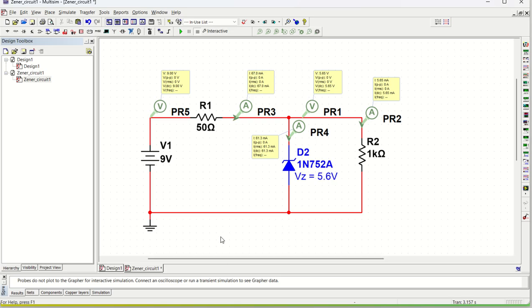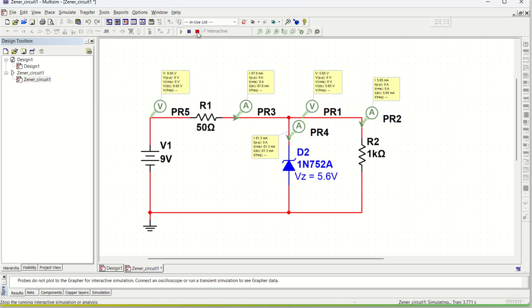All right, so this is the circuit that I have, R1 and Vz with this particular value 5.6 volt, and this is my load resistor. Now if we simulate this, all the voltages and currents are appearing.